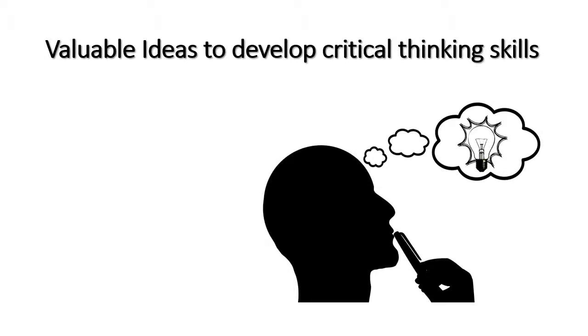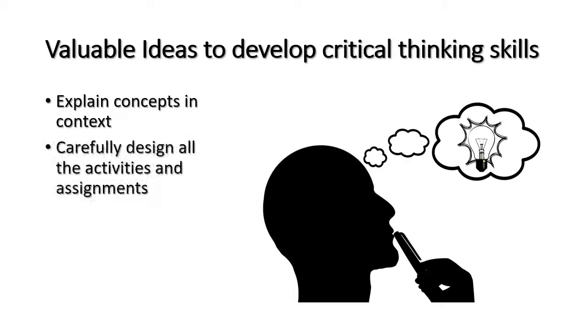There are many different things an educator can do in the classroom to develop critical thinking skills. In the following 2 slides, I am going to provide some valuable ideas. First of all, the educator needs to explain the concepts as much as possible in the context in which they will be used. Also, design all the activities and assignments, including readings, so students have to think about the way to address them.